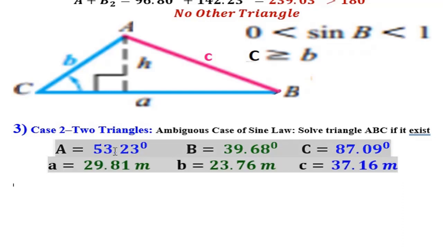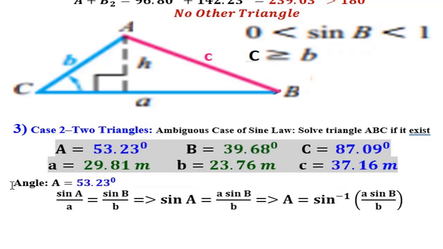Then we are going to try to find angle A, angle C, and side C. To find the angle A, we're going to use sine A over A equals sine B over B, because angle B and side B are known and side A is also known. That means sine A equals A sine B over B. That means angle A equals sine inverse of A sine B over B.